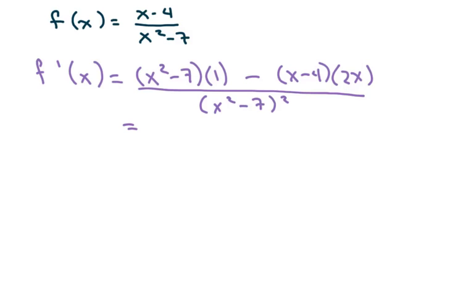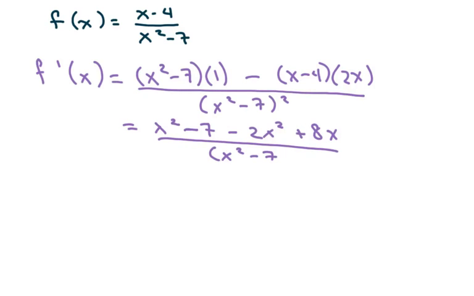So we're going to clean this up, get x squared minus 7 minus 2x squared plus 8x, and all over your common denominator. And this is going to give you x squared minus 8x plus 7 over x squared minus 7 squared.